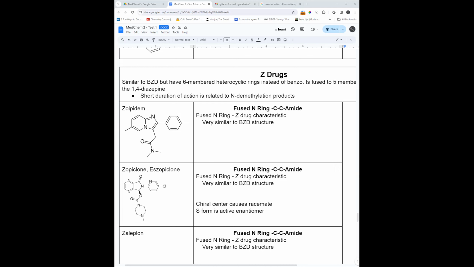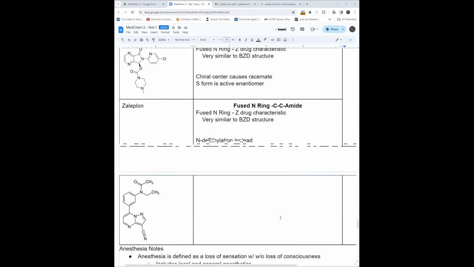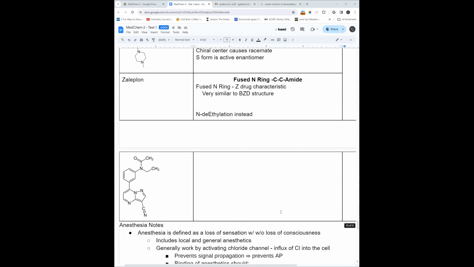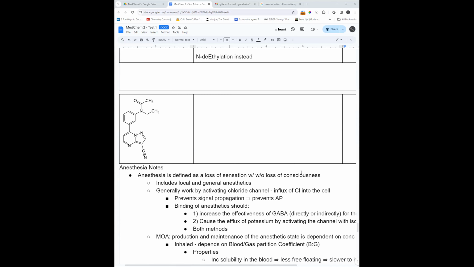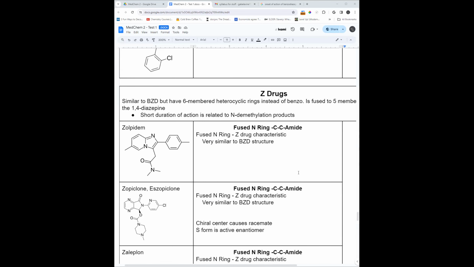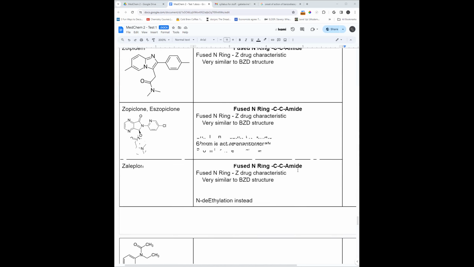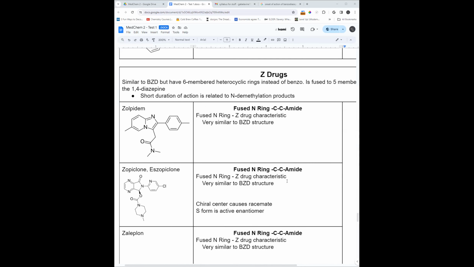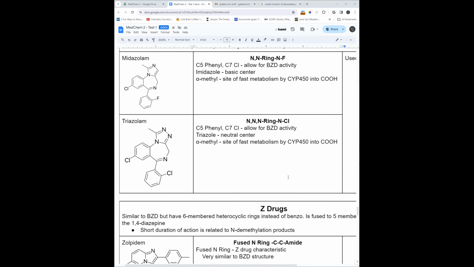And that's really all I have written for these drugs. All of them have a fused ring, but they don't have much activity because we don't use them that way. I thought I had a lot more to say about these drugs. I don't, apparently.